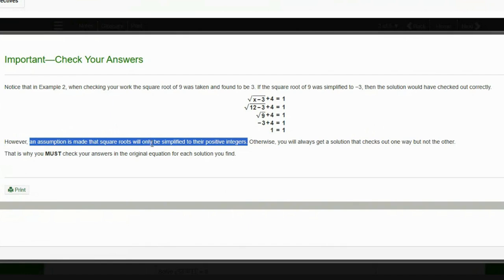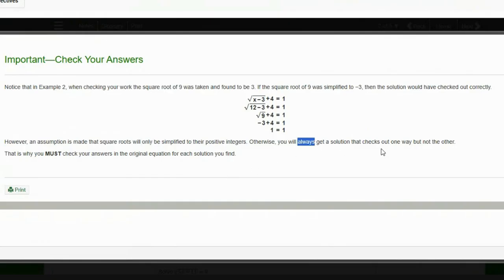They should have put only in bold. That should be bold and underlined. We're only going to look at the positive roots, the positive integers. Otherwise, you'll always get a solution that checks out one way, but not the other way. That's why you must check your answers in the original equation for each solution you find. You have to.